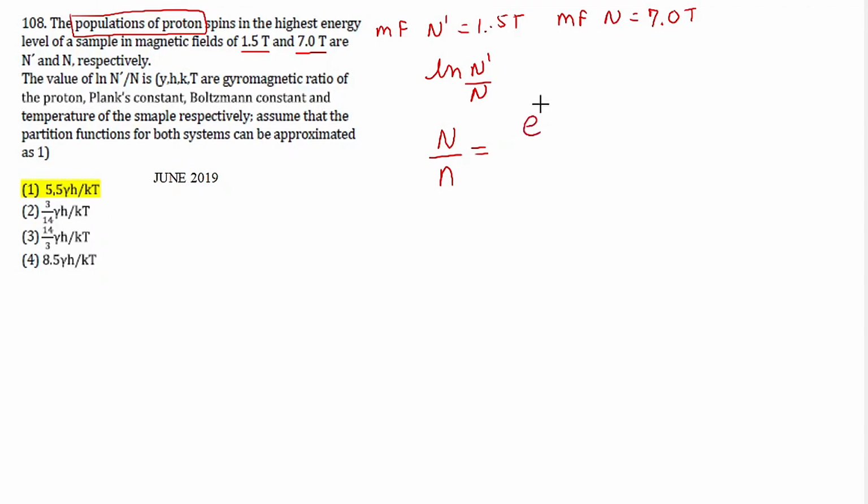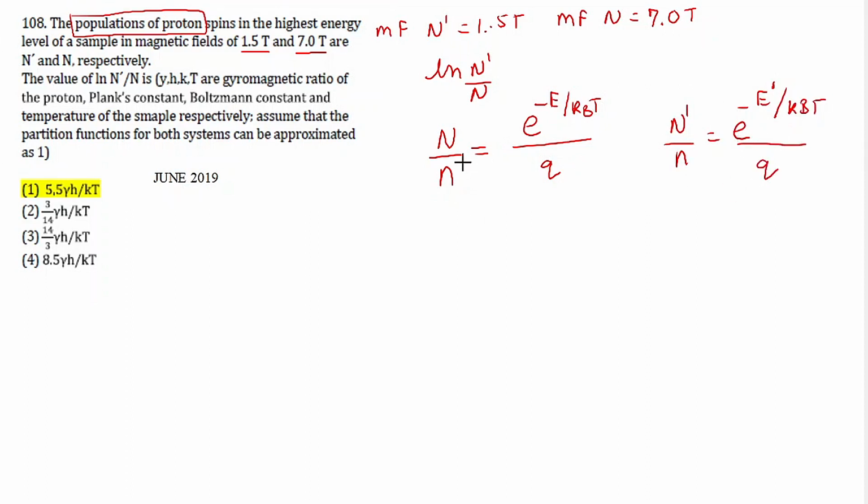It is e raised to minus e upon kBT upon q, where q is the partition function for the number of particles N over here, and for n dash we can write n dash upon N is equal to e raised to minus e dash upon kBT upon q.